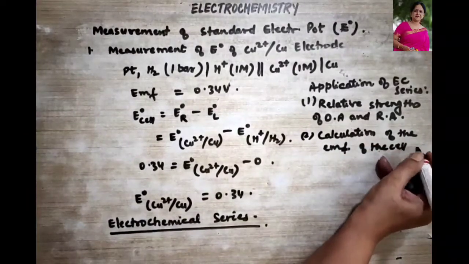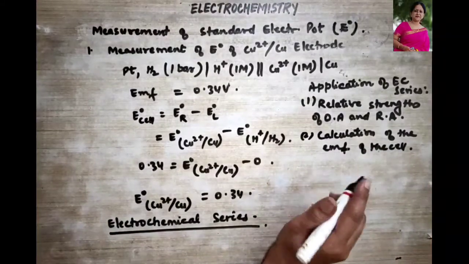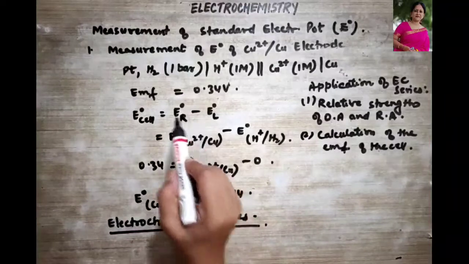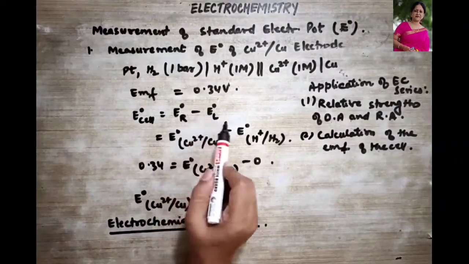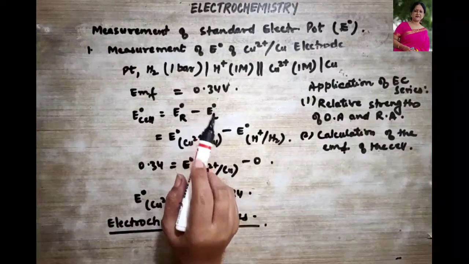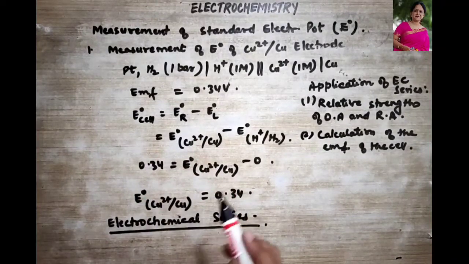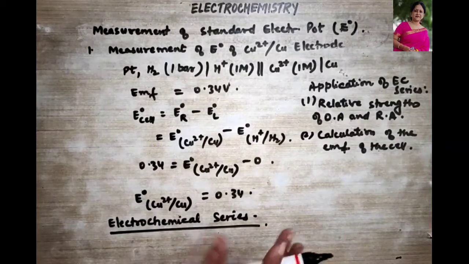How? We have already done just now the electrode potentials of both the electrodes over here, right? They are taken to be reduction potentials, and if the EMF of the cell is positive, then the reduction is feasible in the given direction, right?